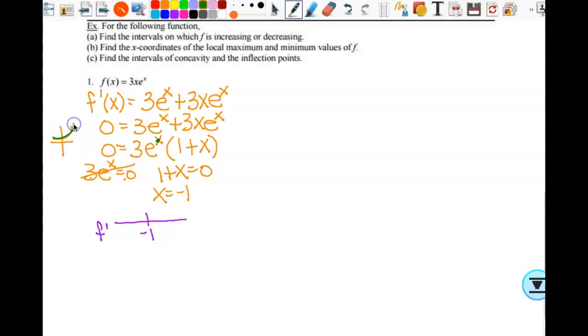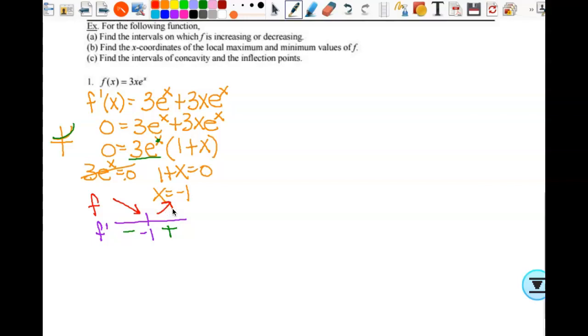Again, if you know what a graph looks like, you got any negative y's there? Nope. So this part right here is just always going to be positive, so it doesn't really matter what happens there, right? If I substitute in something less than -1, that's going to make this negative. And if I substitute something in greater than -1, it makes it positive. So that means for f, this is decreasing and increasing, just like we did before.